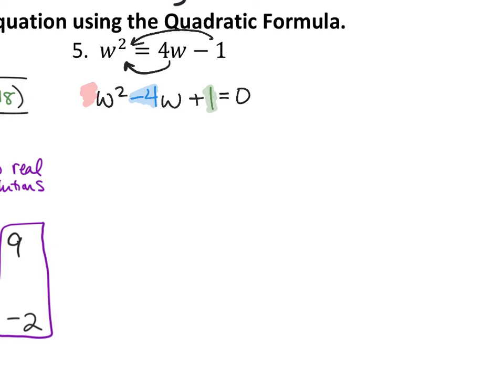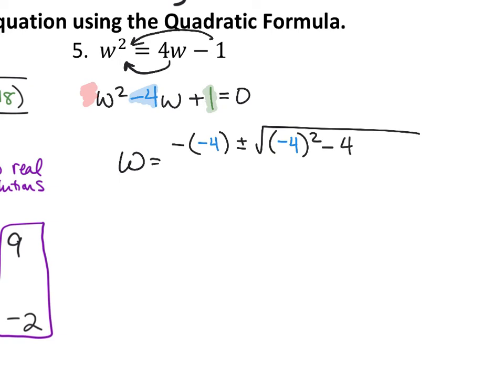This time, since the value is not an X, it's a W, technically we'll have to say W equals negative B plus or minus the square root of B squared minus 4AC, all over 2A. Ooh, the slowest Pop Goes the Weasel I've ever heard. I'll give you a second to catch up. I know I wrote fast.